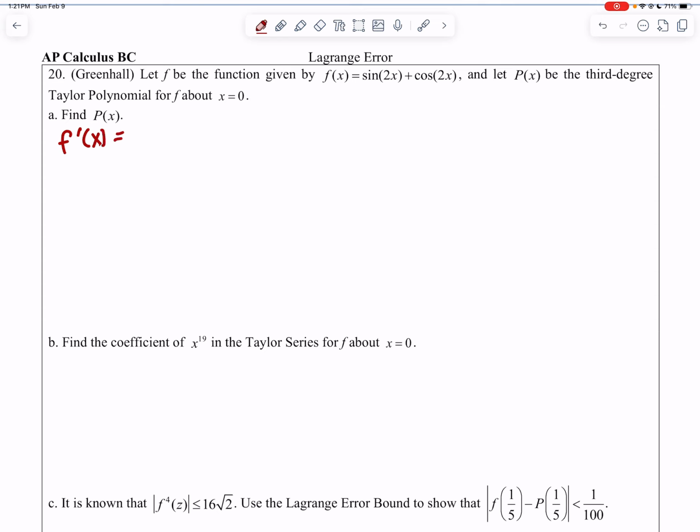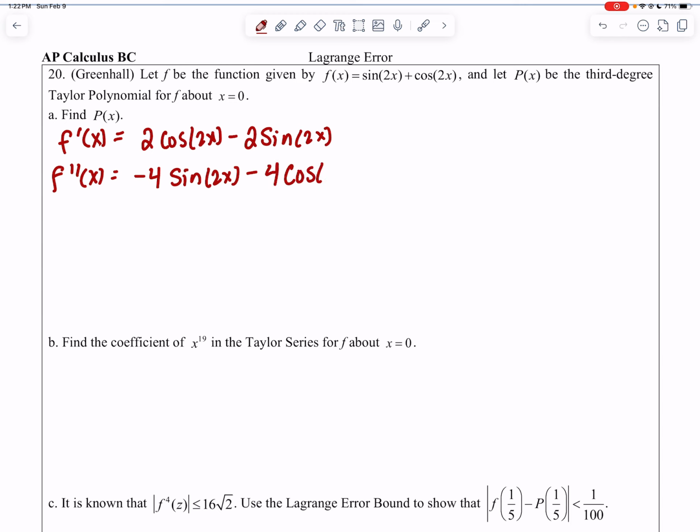So f prime of x is going to be 2 cosine of 2x minus 2 sine of 2x. The second derivative is going to be negative 4 sine of 2x minus 4 cosine of 2x. And then the third derivative is going to be negative 8 cosine of 2x and then 8 sine of 2x.